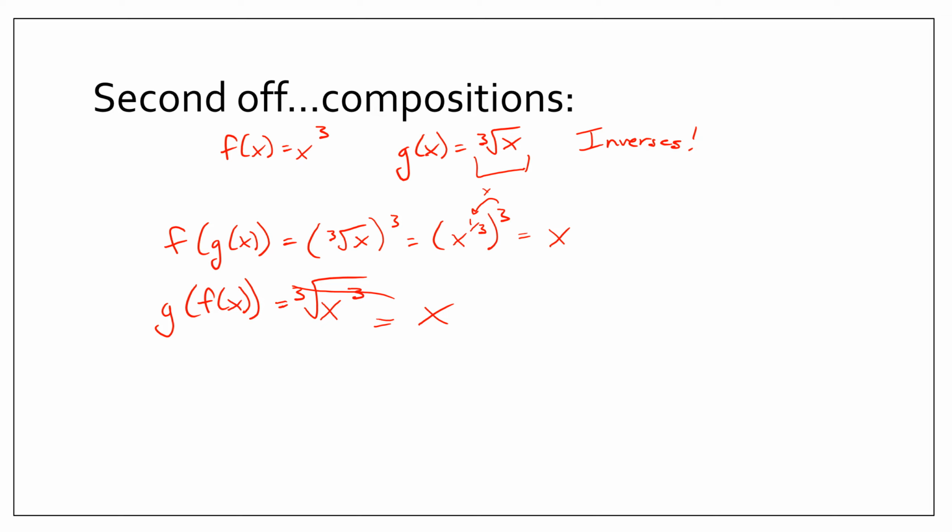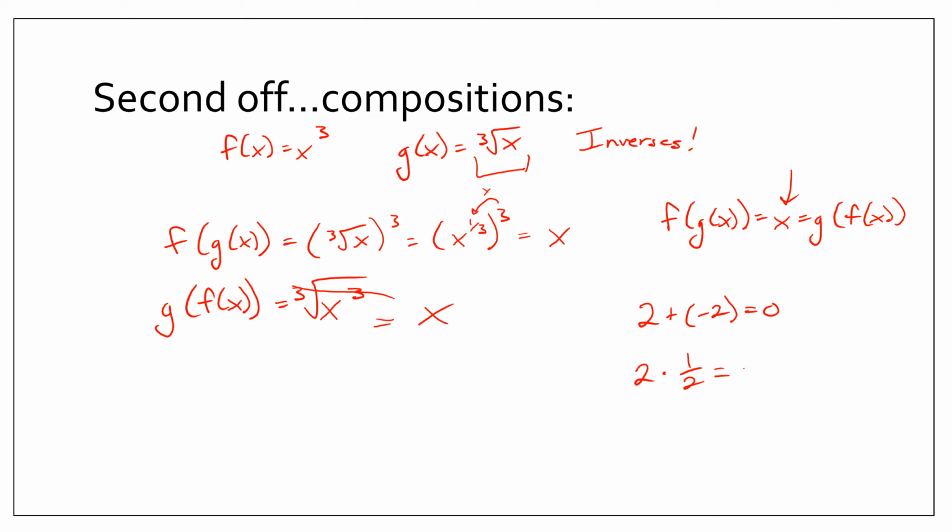So I have this interesting property: when I compose inverse functions, when I stick one function into the other function, in either order, I get x. Interesting. By the way, this is analogous to if I were to add 2 plus -2 and get 0, or do 2 times 1/2 and get 1. If I compose inverse functions, I get x.